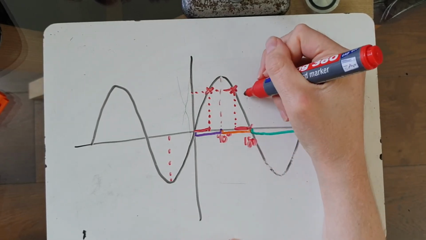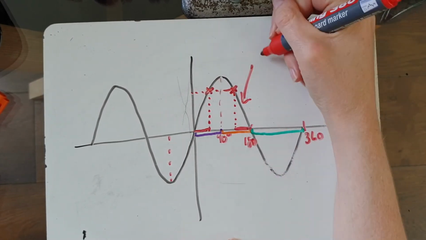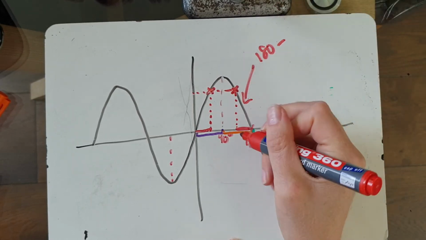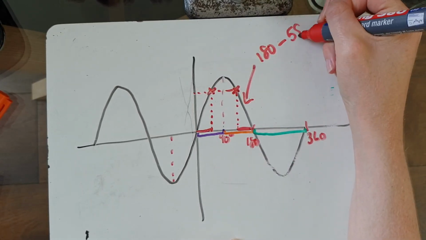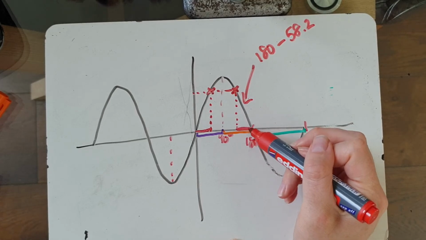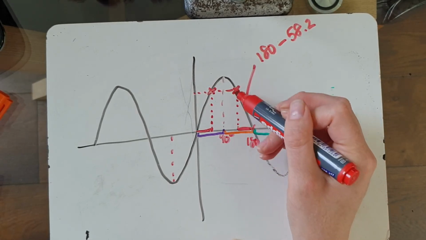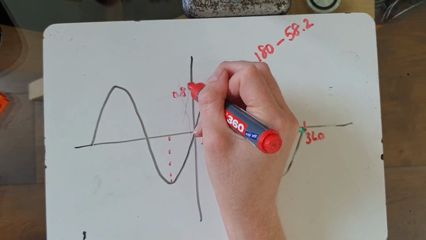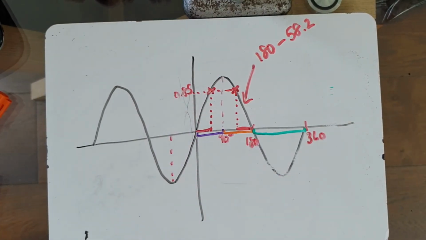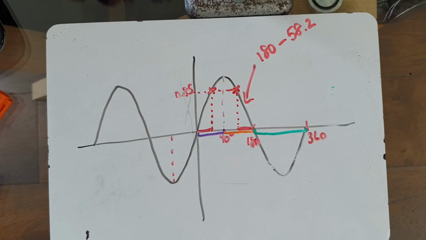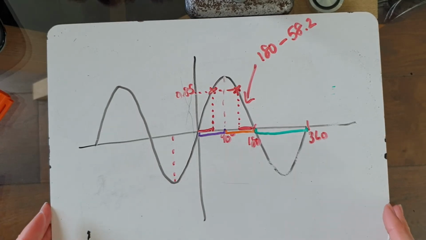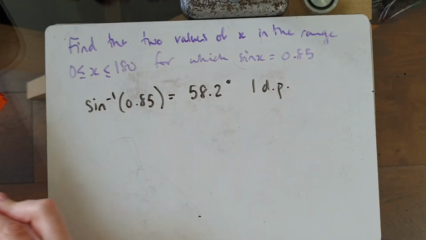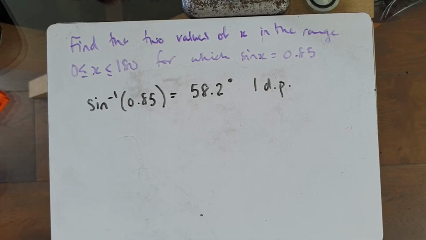So what we're going to do is 180 minus 58.2, which will take us down to where sine x is equal to 0.85 again. So if we've got an acute angle and we're looking for an obtuse angle, we just subtract the acute angle from 180.